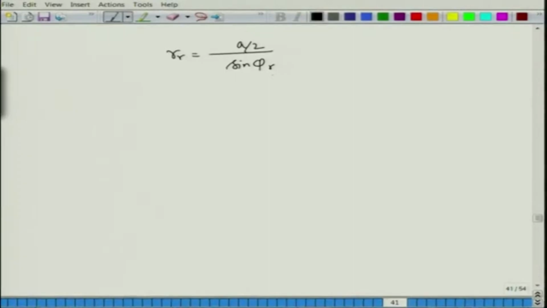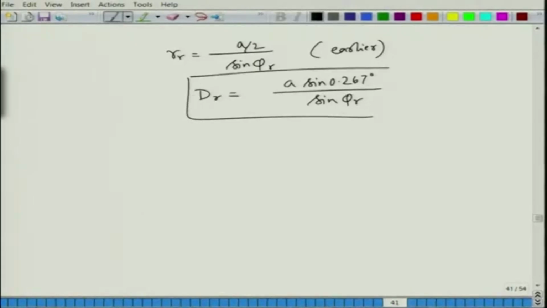Okay. So, this you have seen earlier. In the last class we have derived that. So, basically D r you can write in terms of A sine 0.267 degrees divided by sine of phi r.